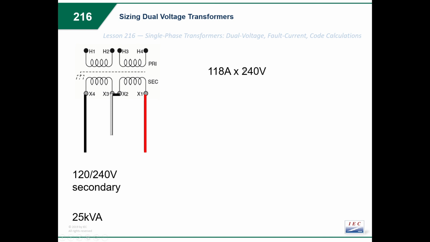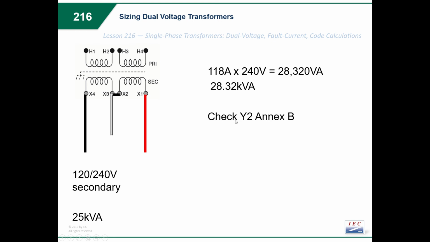So we're going to have to break that down and turn that into kVA. This is a 240 volt transformer we're looking for. 118 amps times 240 volts gives us our VA, 28,320. Turn that into kVA, we divide by 1,000. That's 28.32 kVA. So we need a transformer that's at least 28.32 kVA.